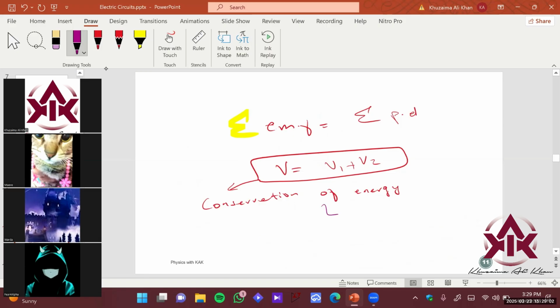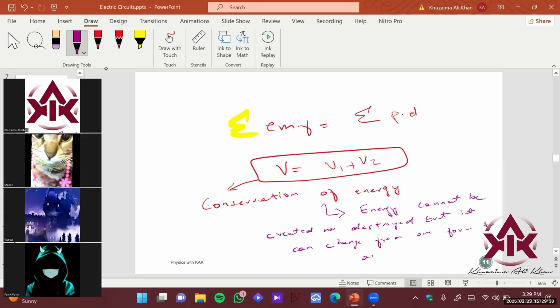We had learned this before also in work, power and energy. So energy cannot be created nor destroyed, but it can change from one form to another.